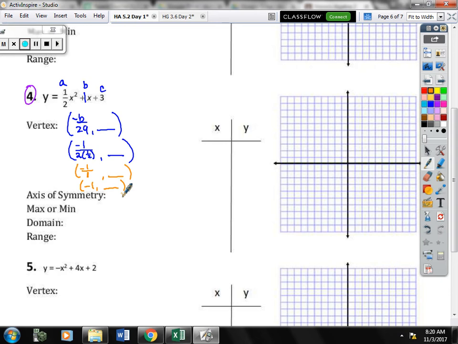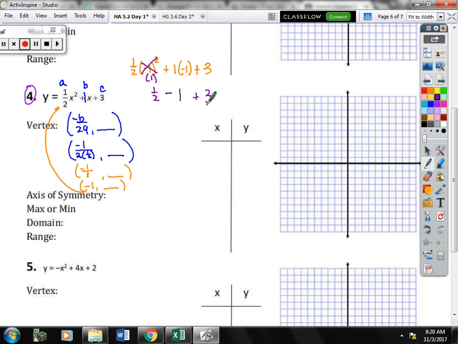Now be careful when you plug this back in without a calculator that you do follow your order of operations with your negatives. So this would be 1/2 times -1 squared plus 1 times -1 plus 3. And then following your order of operations, do your exponents first. -1 squared is a positive 1. 1 times 1/2 is 1/2. Positive 1 times a -1 is a -1.